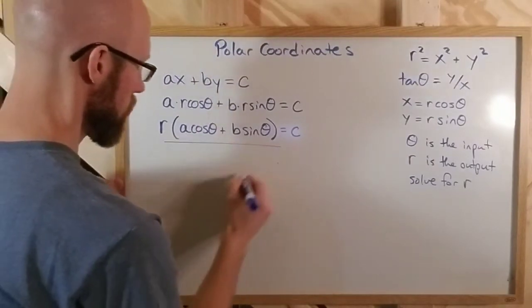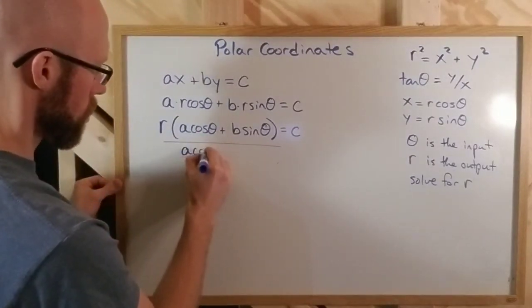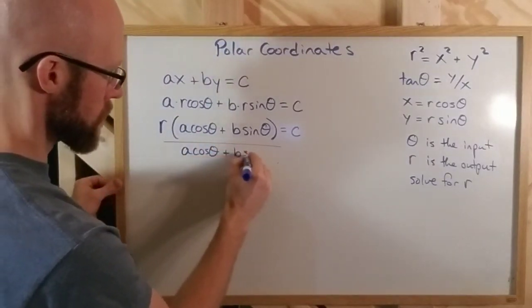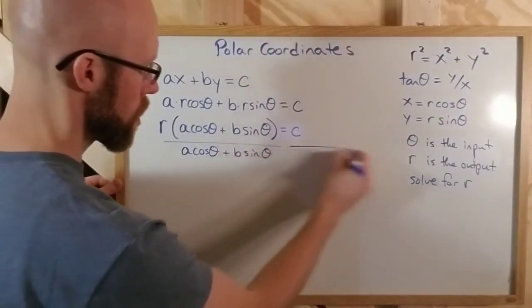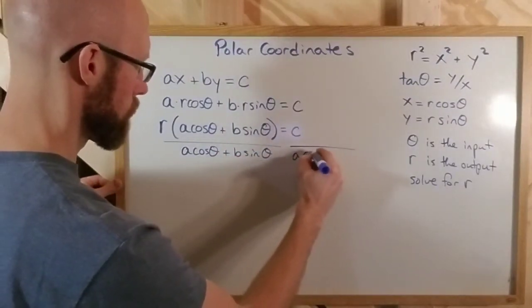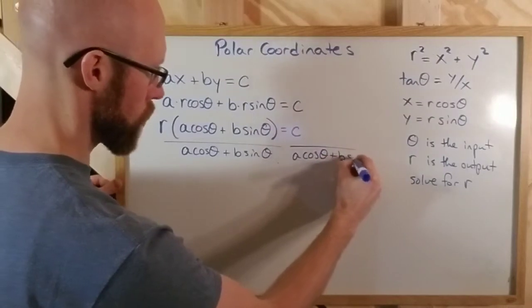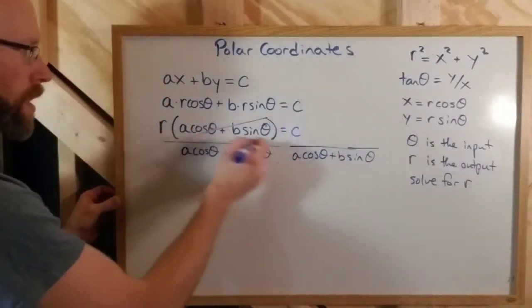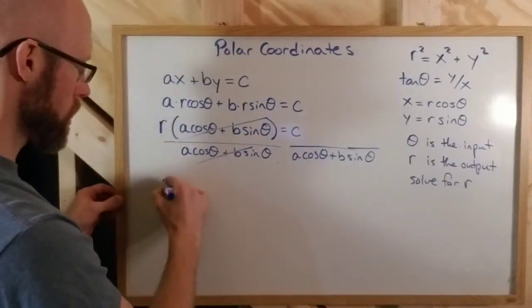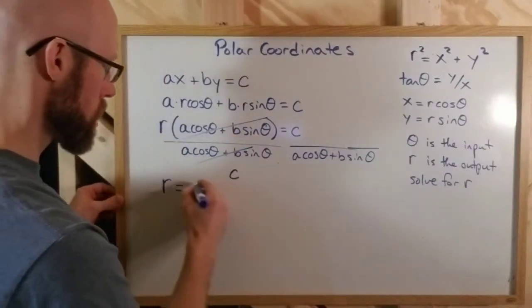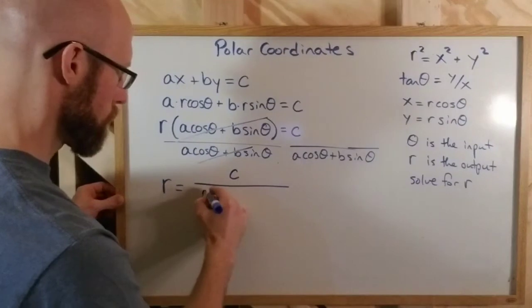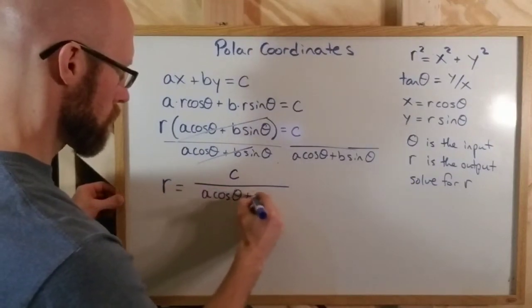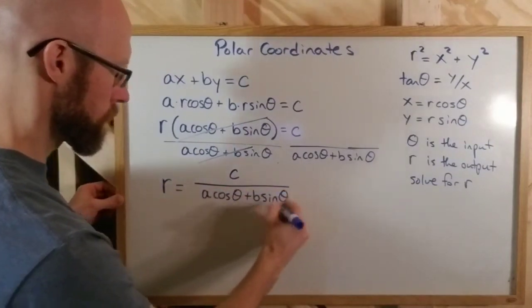So if I divide out a cos theta plus b sine theta on the left and divide that out on the right as well, they'll cancel on the left and we'll have r by itself. r will be c divided by a cos theta plus b sine theta.